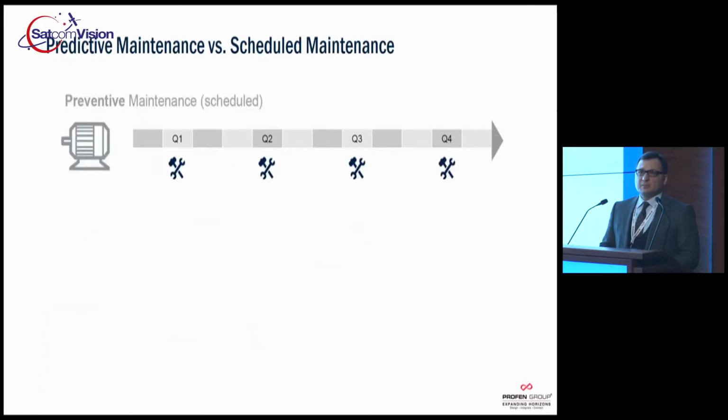Here we schedule the maintenance quarterly, weekly, or monthly, and whatever the status of the system, we apply the maintenance. Maybe we change some parts of the system, so this is costly and time-consuming, and if there is any equipment you could still continue using, you cannot use it once you change it.